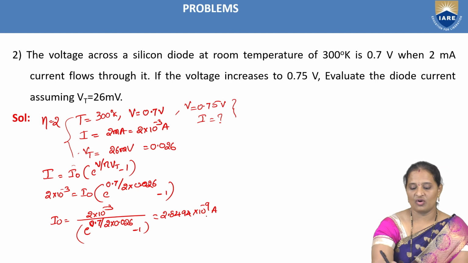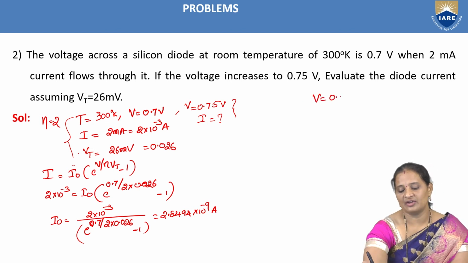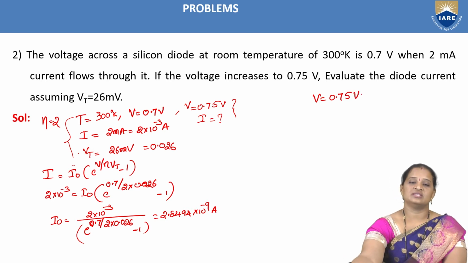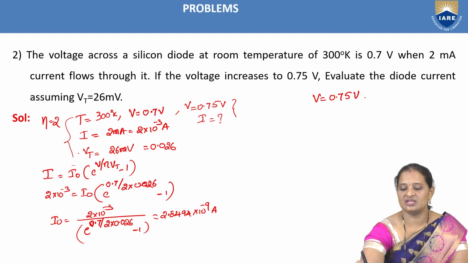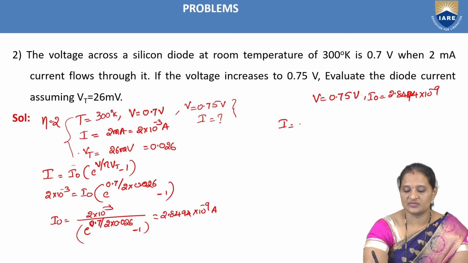So as we have got the reverse saturation current, now let us calculate the current flowing through the diode when the applied voltage is 0.75. In this case, we know that I naught already we have calculated, 2.8494 into 10 to the power of minus 9. Now just substitute all these values.